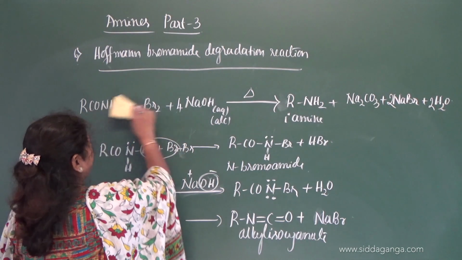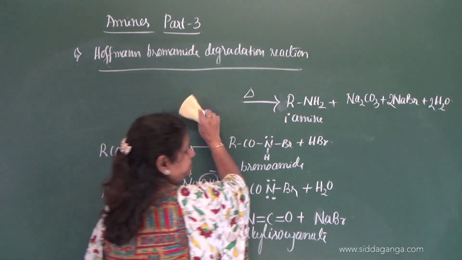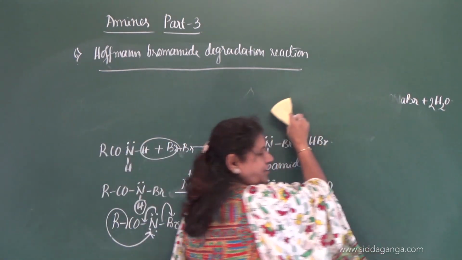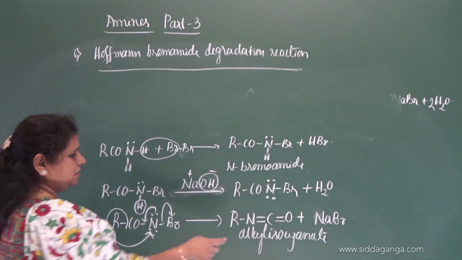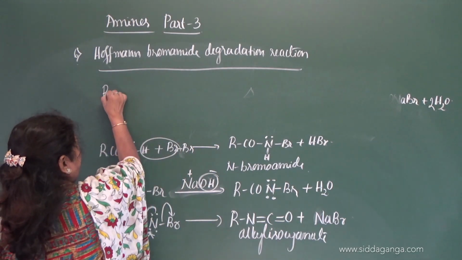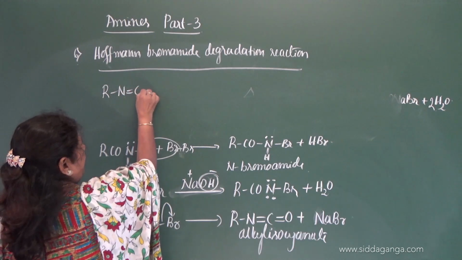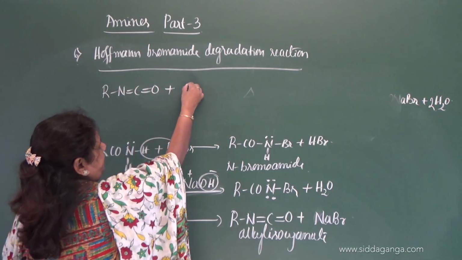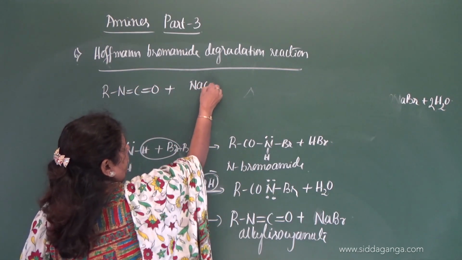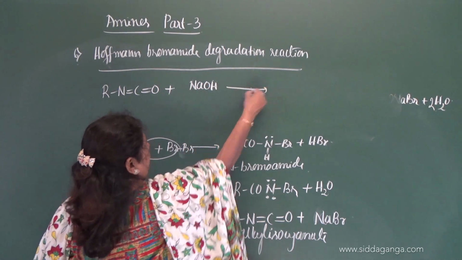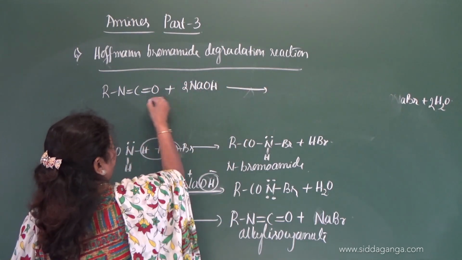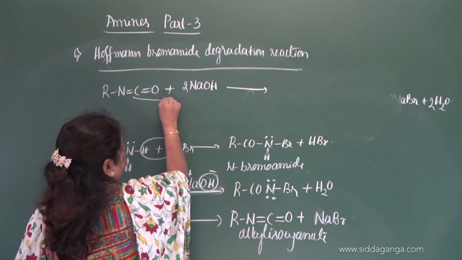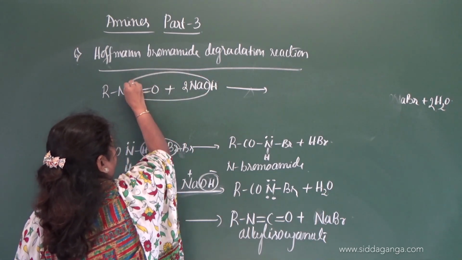Now the next step. In the next step, what do you get? This alkyl isocyanate combines with NaOH, 2 moles of NaOH, and it gives sodium carbonate.